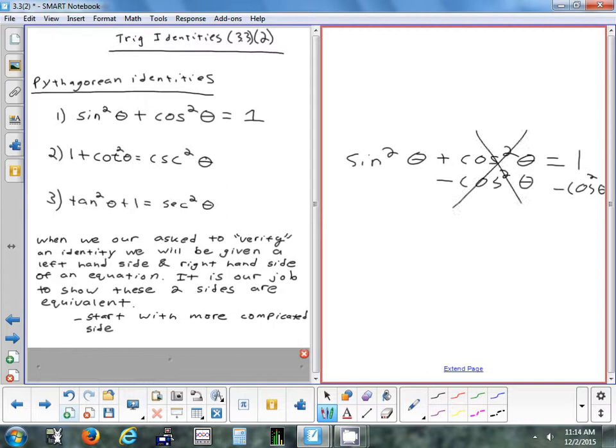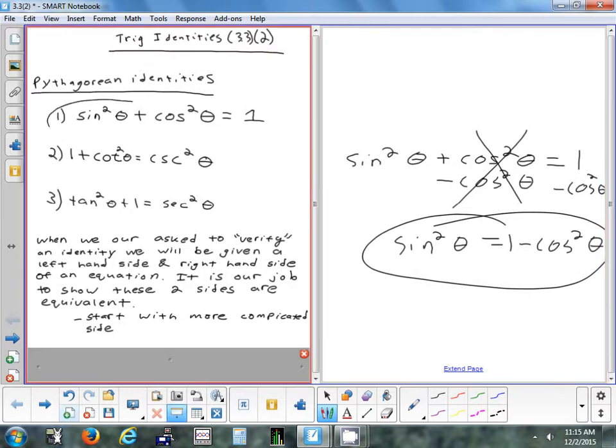It cancels out. What's the only thing on the left now? Sine squared. And what's on the right? 1 minus cosine squared. This identity is exactly the same as this one. The only difference is you've moved things around.